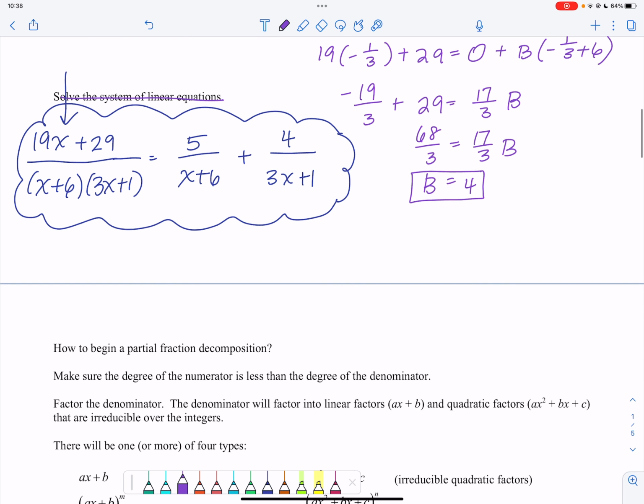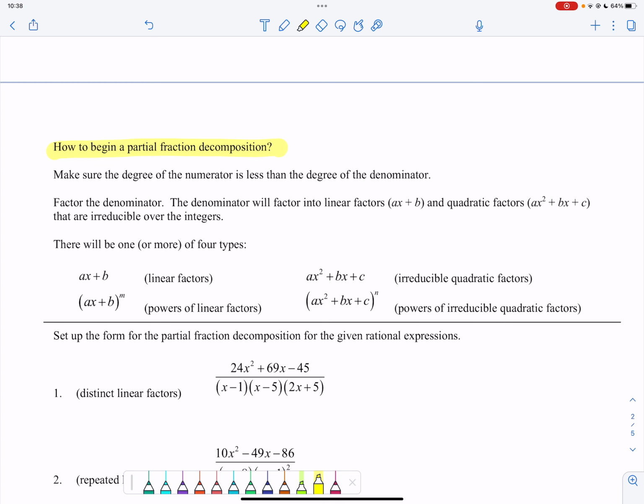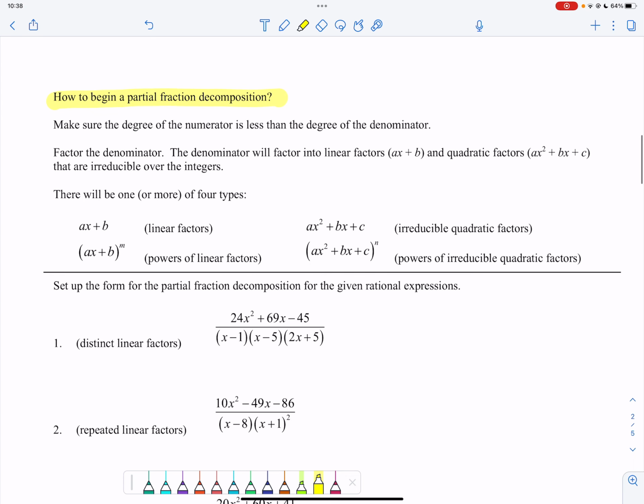I do want to show you the different forms, okay? We just had non-repeating linear factors. So basically you do want to factor your denominator if it's not factored already. Ours was factored.